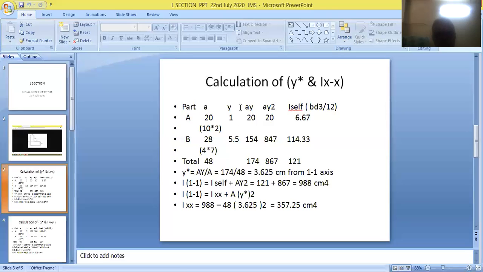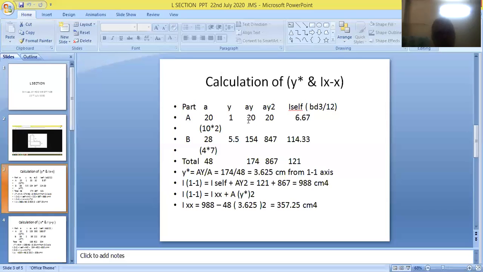And thirdly, we have to write down the Y values of all these components. And in the fourth column, we have to write down the values of AY. So the fourth column is to be used for writing down AY values of different components.